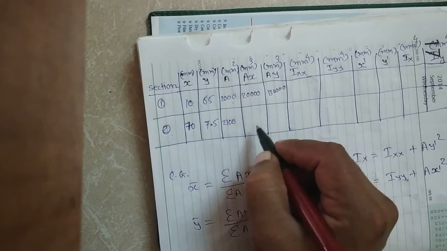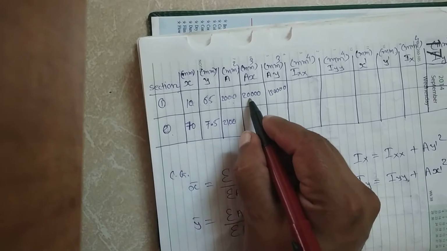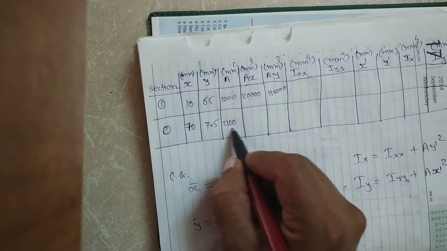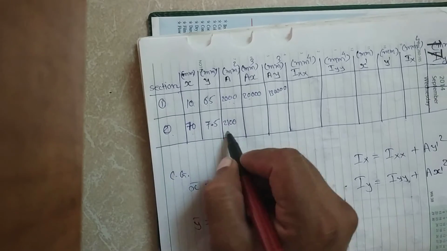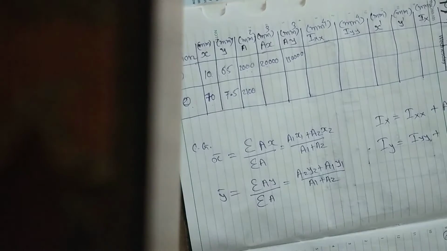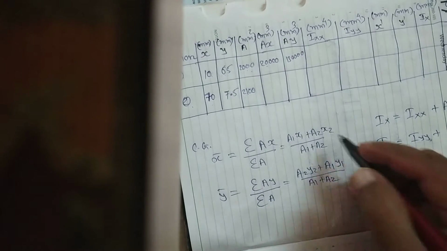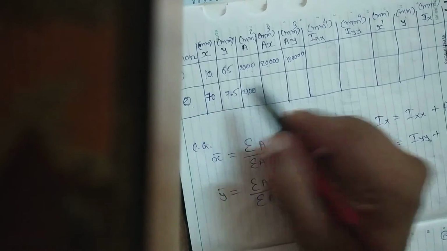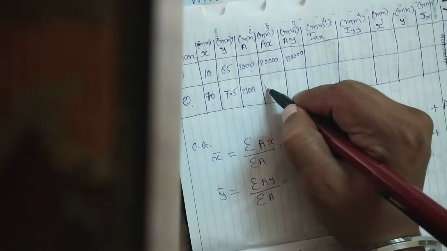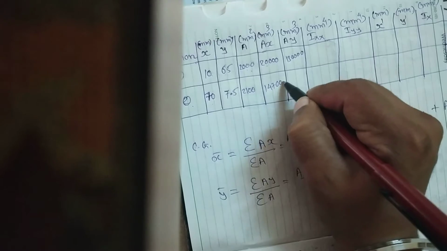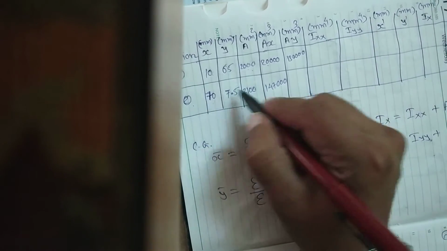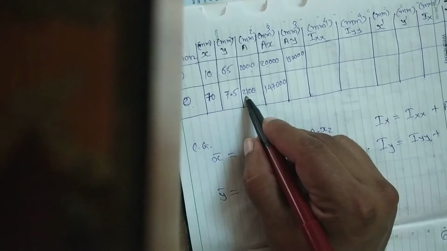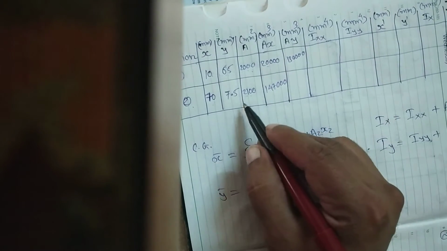And ax and ay for section 2, so it's 2100 and it's 70. So 2100 into 70, you can say ax is 147,000. Then a into y: 2100 into 7.5.